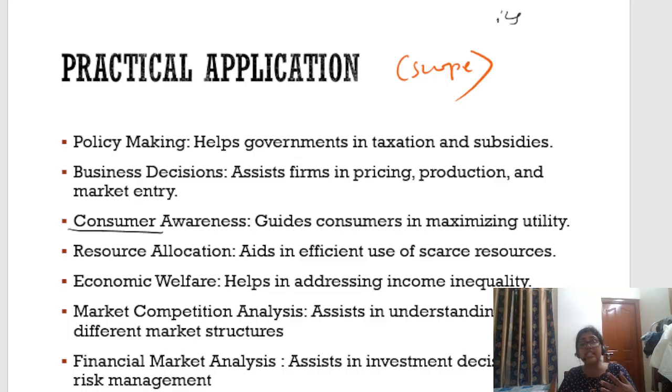By this we can understand how economics, as a branch of study, helps us to make day-to-day decisions in our life. How can we apply it more conveniently in our life?